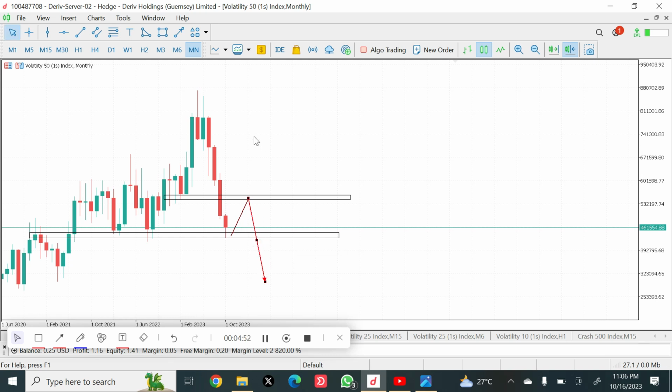But this will be in the very long run because we are looking at this monthly time frame. Okay, one candlestick stands for a month, so this is for the month of September, and this is the current month, the month of October, in that successive order.